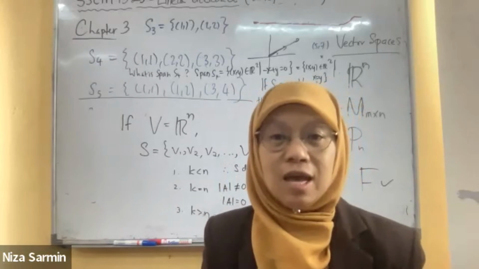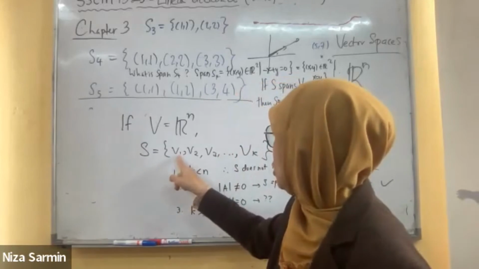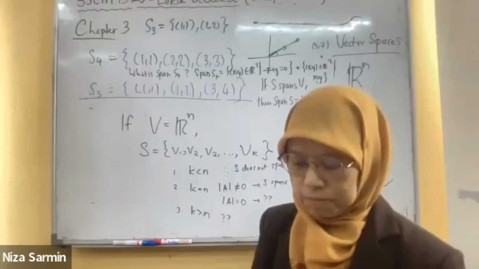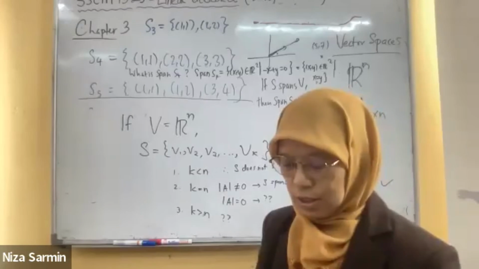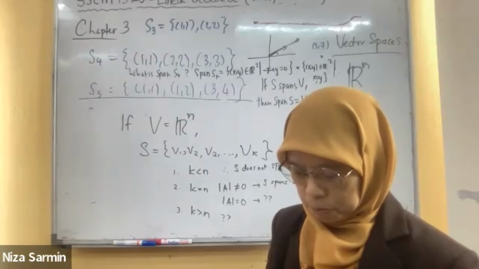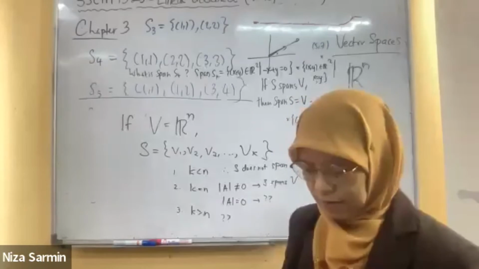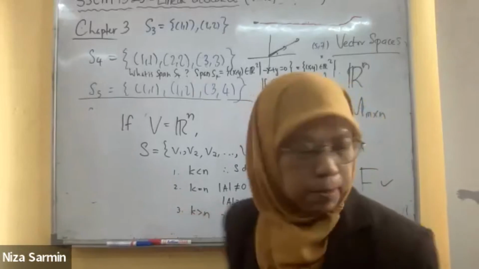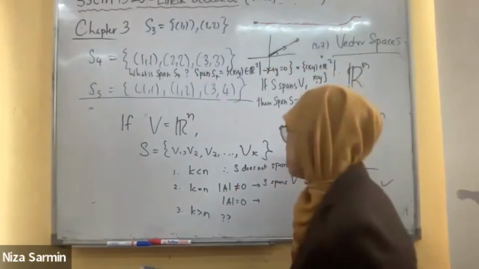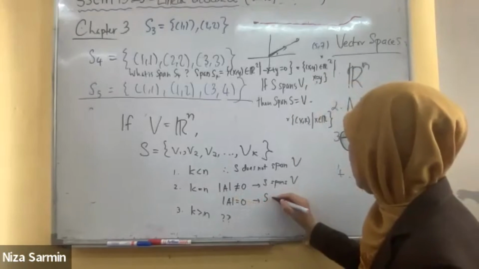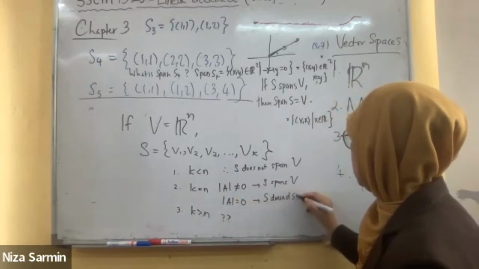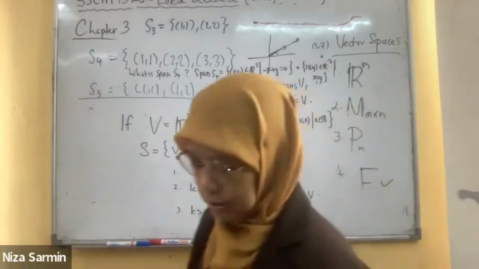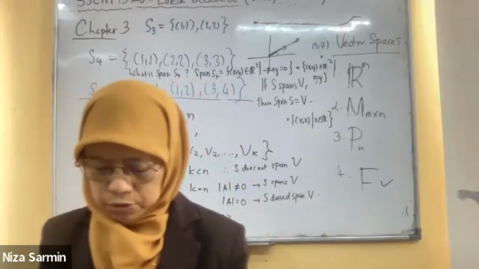It says, suppose S, I use U1, U2 until Um, but it's okay. If it is less, it does not span. If it's equal, for this particular one, it's special because we want to have enough. Oh, so this is easy. If it's equal to 0.